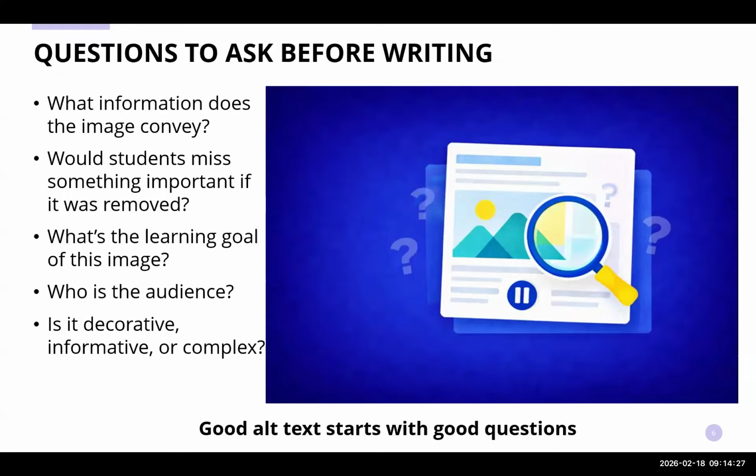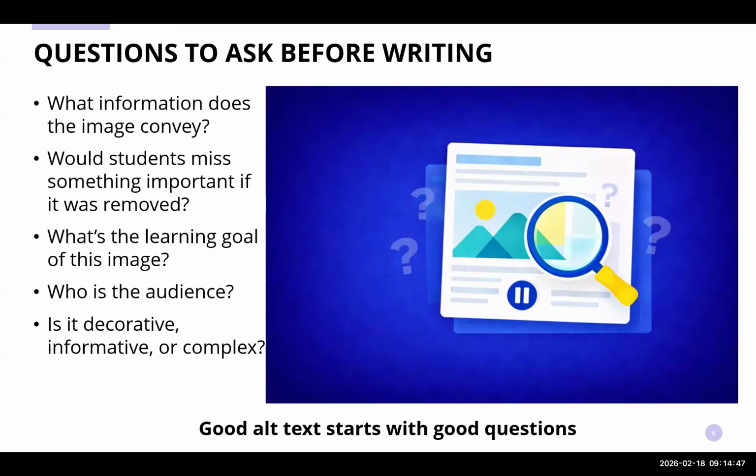So this also leads to our next point, to definitely consider who your audience is, as it can completely change the level of detail and the way you describe images. Finally, think about the type of image it is, whether it is decorative, informative, or complex.